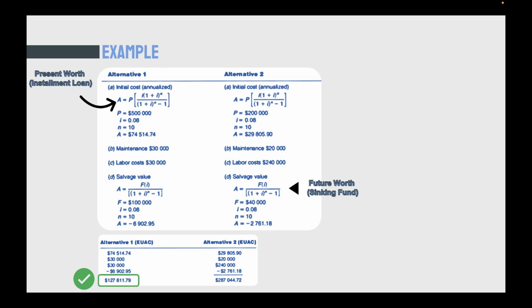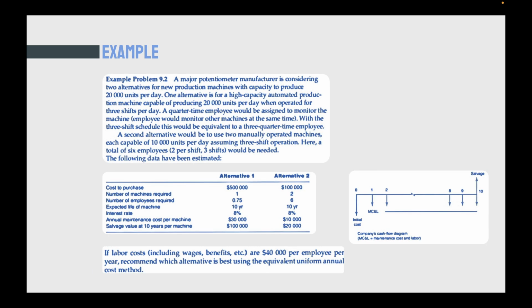It's going to be 6,900 for alternative one and 2,700 for alternative two, and the salvage here is found using the sinking fund equation. In this case, you compare both, and you realize alternative one is cheaper for you with all being considered. The main thing that harmed the factory here for cost is having more operators. Each one of them has a salary of 40,000 a year.